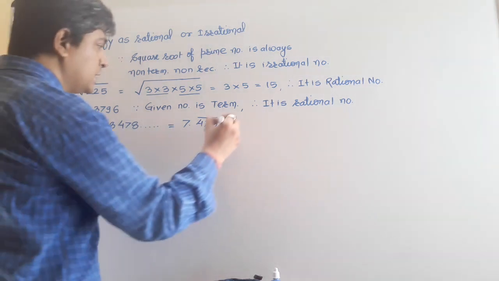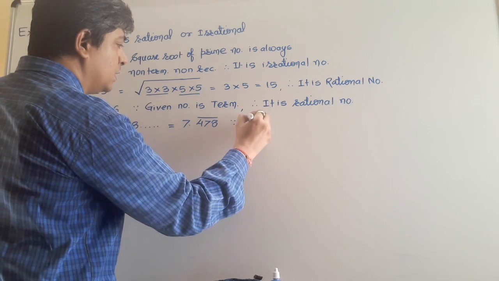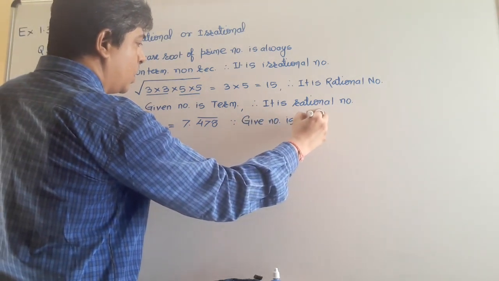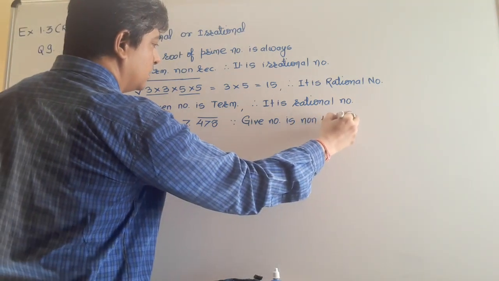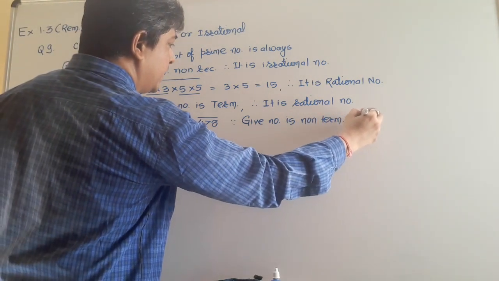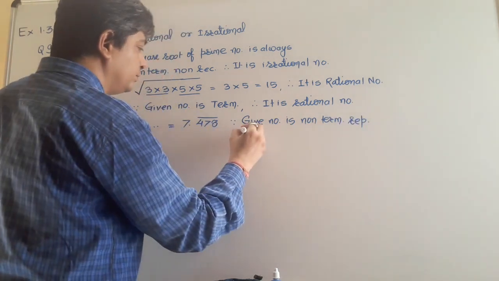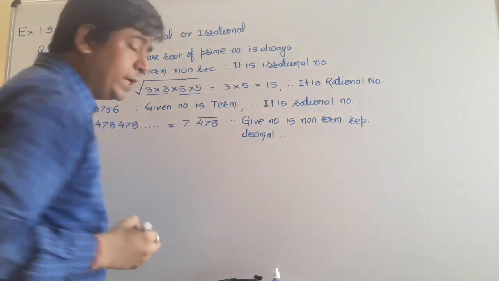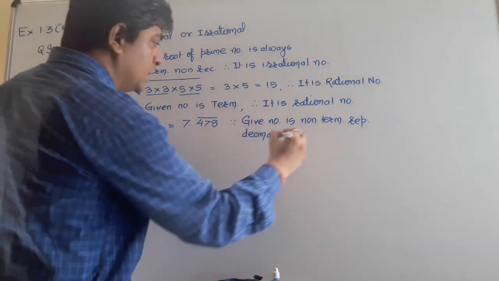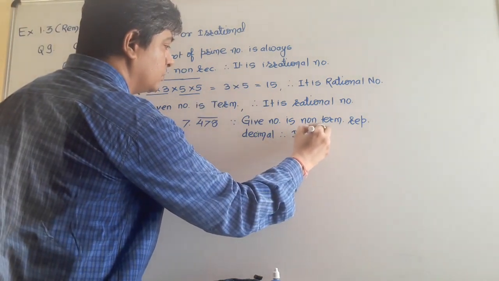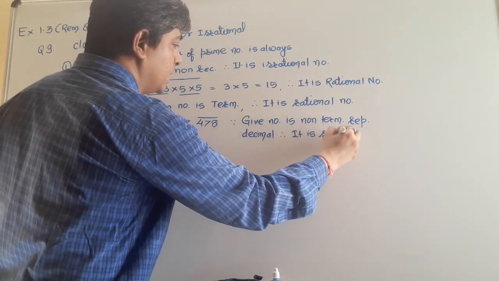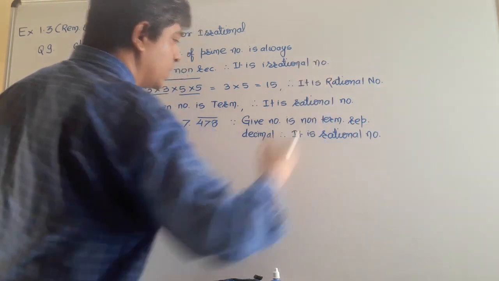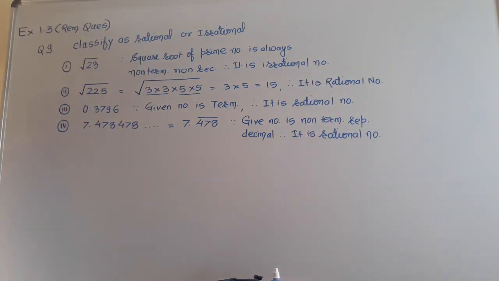I can say since the given number is non-terminating, repeating, or you can say recurring decimal, therefore it would be a rational number. Okay, so this is the answer of part number 4.